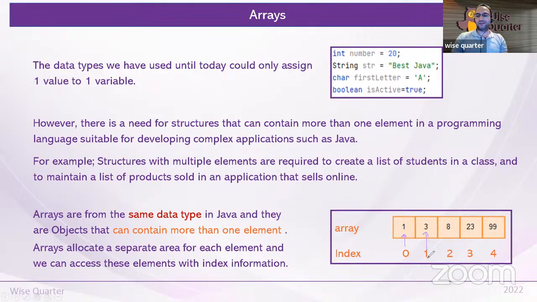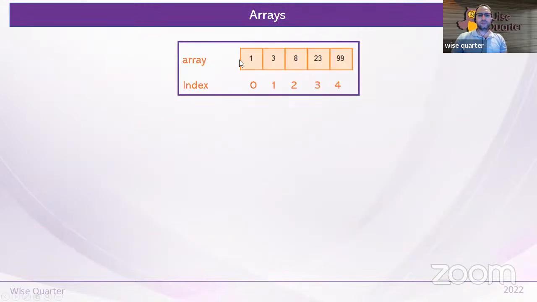If you want to reach the second element, you should say, please bring me the number at the index 1. It starts from 0. Just like if you remember in the string data types, it's the very same. You just need to say the number and it will bring it to you. Like this.